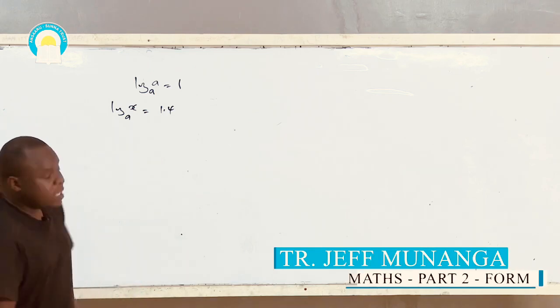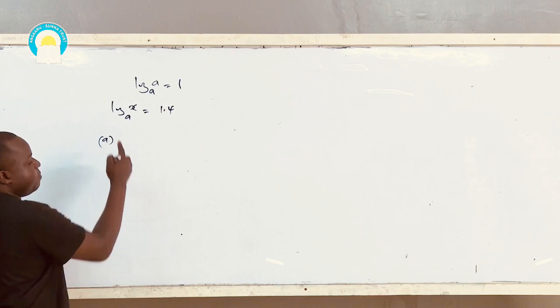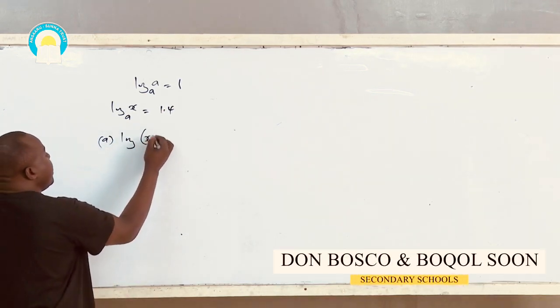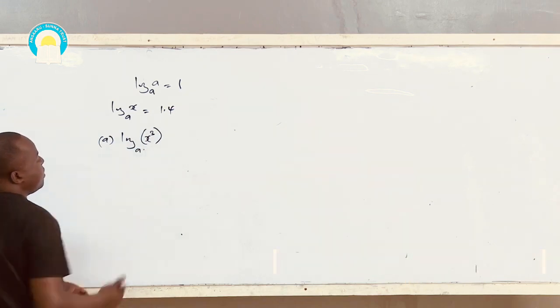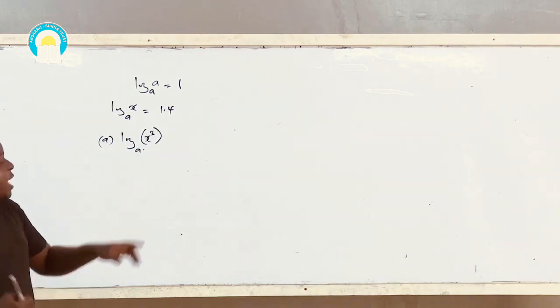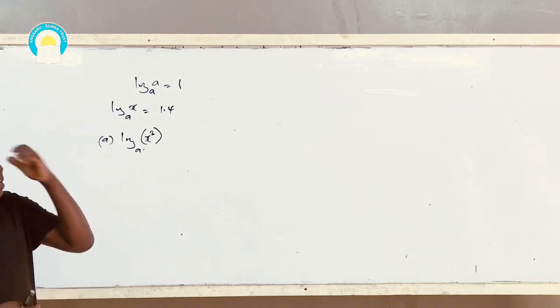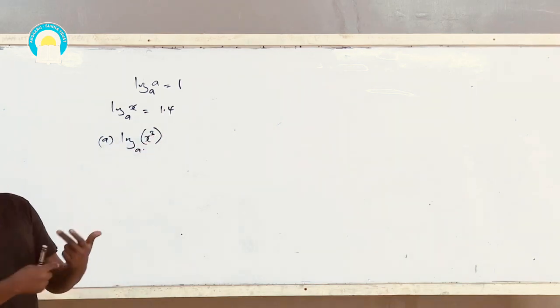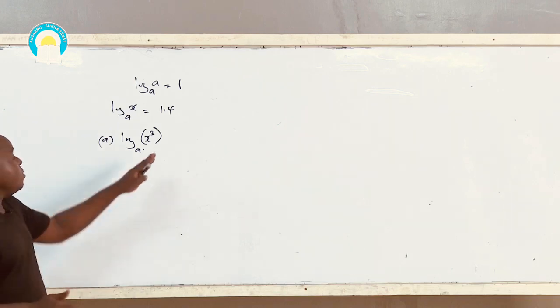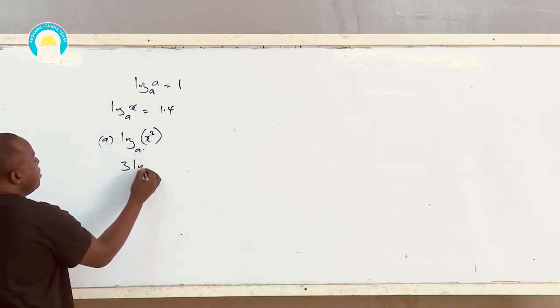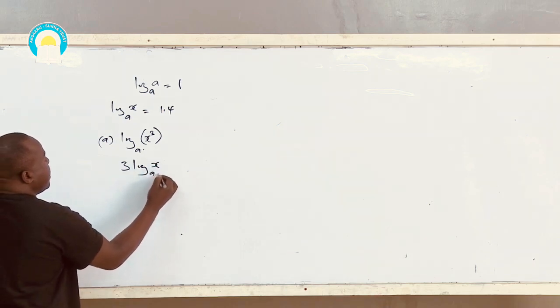So next, the first question I'm supposed to simplify is log x cubed, then base a. So look at that. Anytime there are powers, think of the third law. You have to always write these values as coefficients. That's how to simplify these things. So this statement can be written as 3 log x base a.